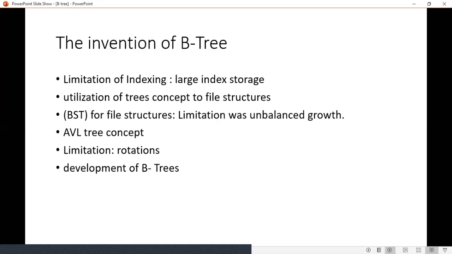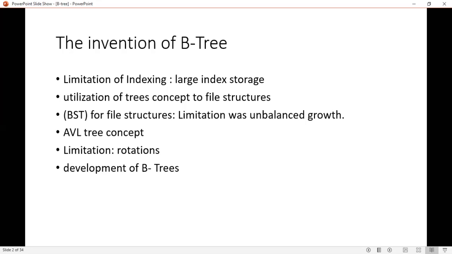The limitation of the organization and maintenance of large ordered indexes is what led to the invention of the so-called B-trees. Evolution of trees for file structures started with the binary search tree, and the limitation of the binary search tree was unbalanced growth.